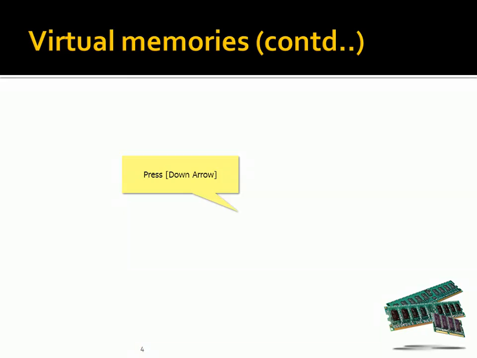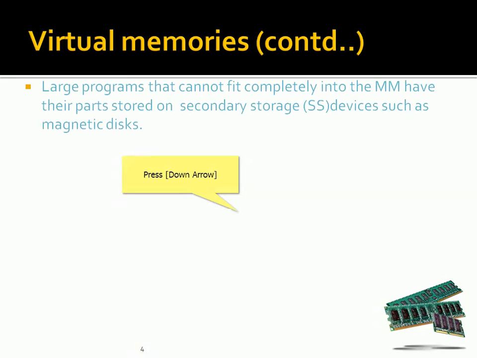With virtual memory, a large program cannot fit completely into main memory. During execution, a user may submit a huge program containing several lakhs of lines, so huge memory is required.